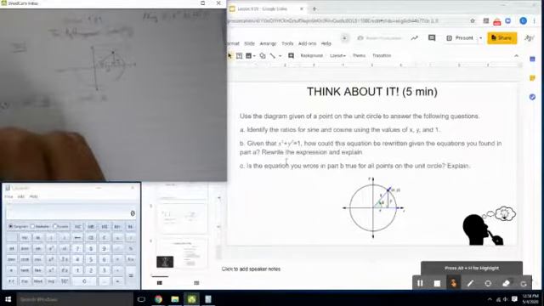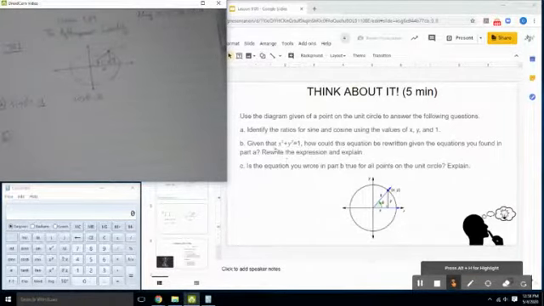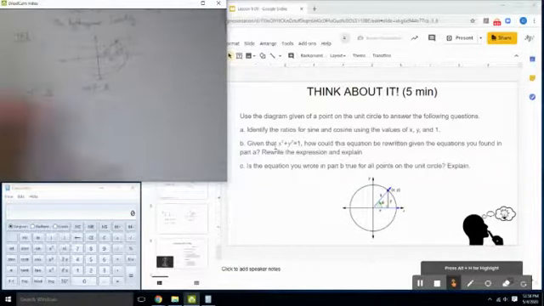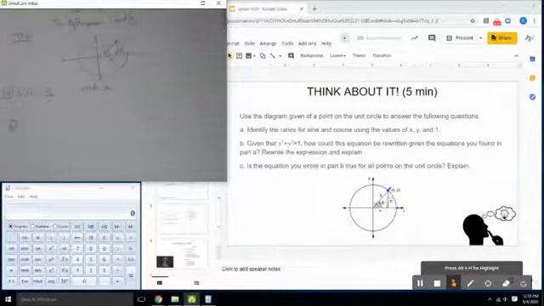B says, given that the Pythagorean theorem says the small side squared plus the big side squared equals the hypotenuse squared, how could this equation be written given the equations you found in part A?